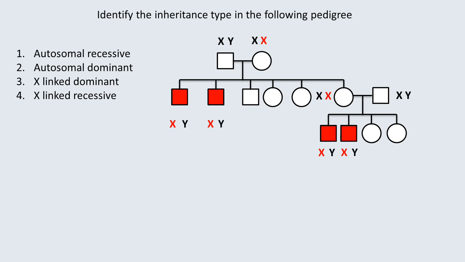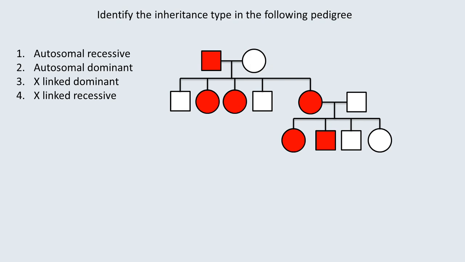In the case of autosomal recessive, if you remember properly, we had also said that the trait appears in both sexes with equal frequency, which we are not seeing in this particular pedigree diagram, right? Hence, we can say that this particular trait or pedigree follows X-linked recessive.